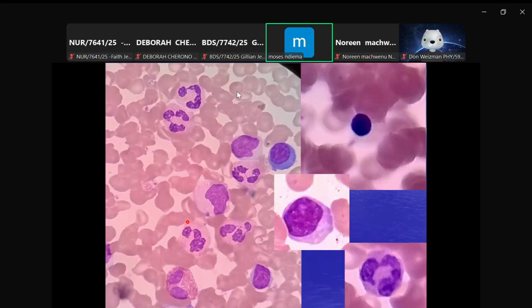We expect rough endoplasmic reticulum synthesizing the proteins necessary for the lytic enzymes in the lysosomes that are necessary for the destruction of the bacteria. We expect the Golgi apparatus, which is very important in the formation of the lysosomes and the conjugation of some of the proteins. So those are the major organelles that we have.